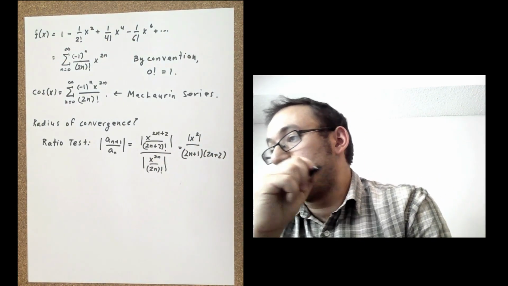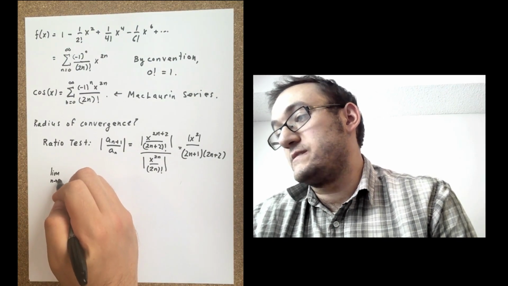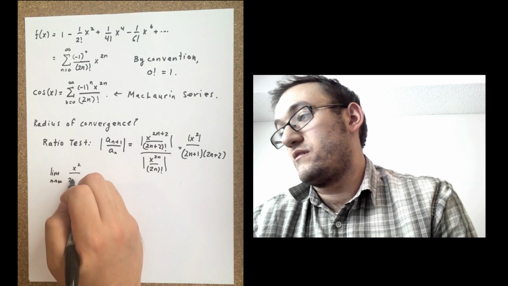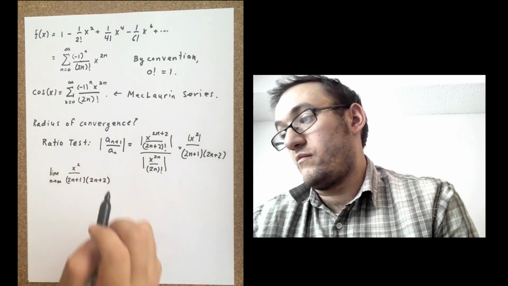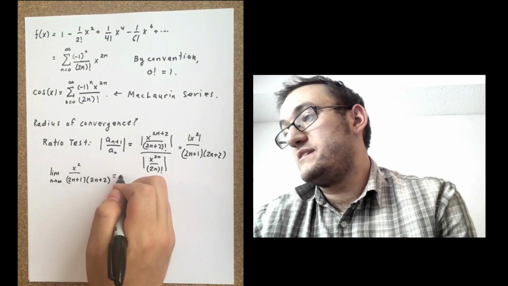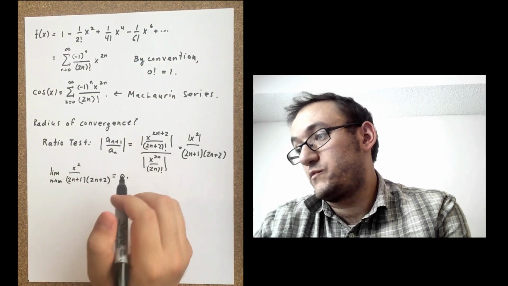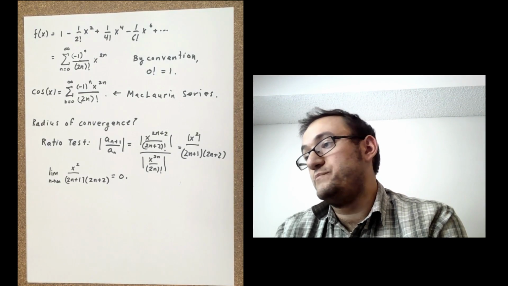So the limit as n goes to infinity of that quantity is always going to be 0 regardless of the x. For any fixed x, this is going to be 0.